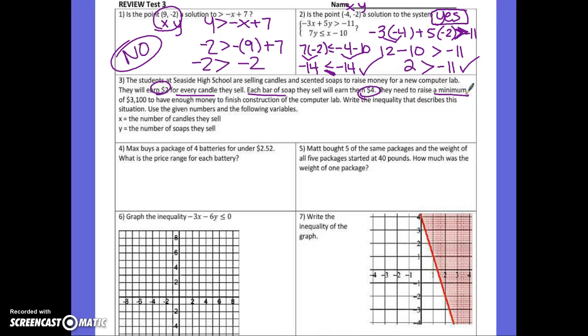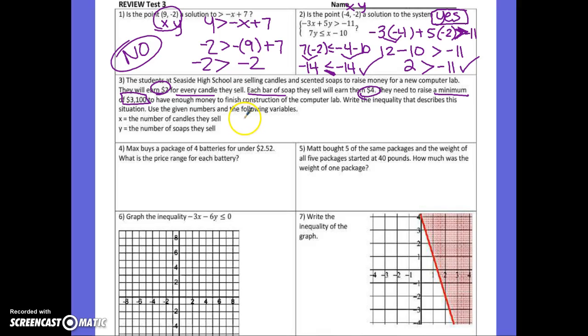Minimum means that's the smallest number they can get, 3,100, to earn enough money to finish construction of the computer lab. Write an inequality that describes the situation. Use the given numbers and the following variables. X will be the candles, Y is the number of soaps.